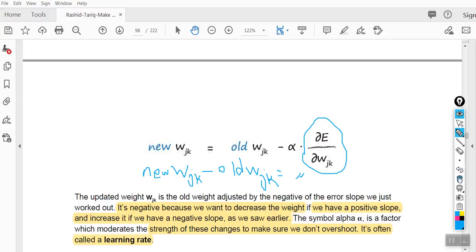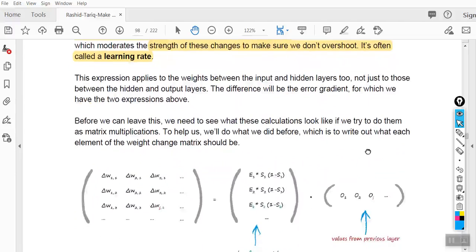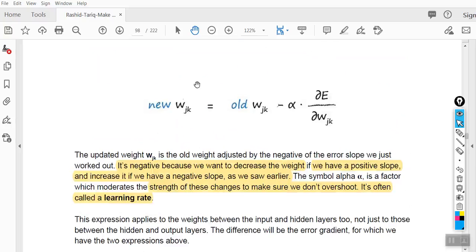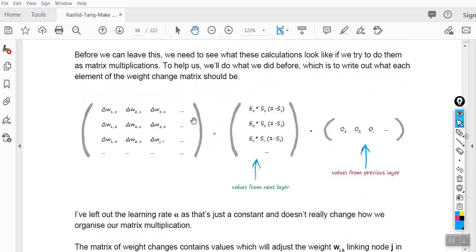Okay, and then by this interpretation we can rewrite this equation in the form of a matrix like this, and say that the difference between the new W11 and the old W11 is equal to this.